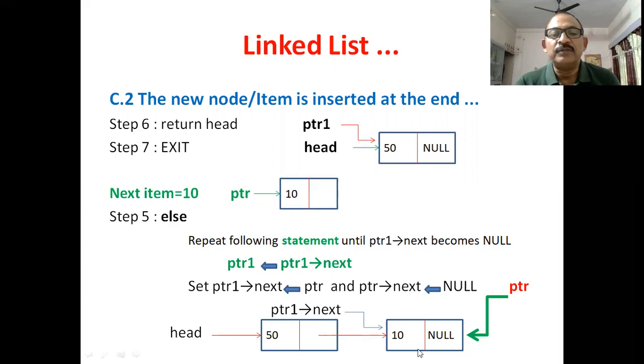This is PTR1 and PTR1 next points to the PTR. So this way we make a link. This is the first node, and PTR1 next is equal to PTR. So this way we insert the new node into the existing list. Okay, it is clear. And PTR next is equal to null.